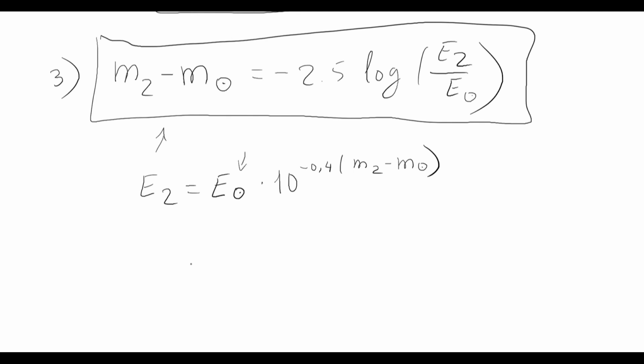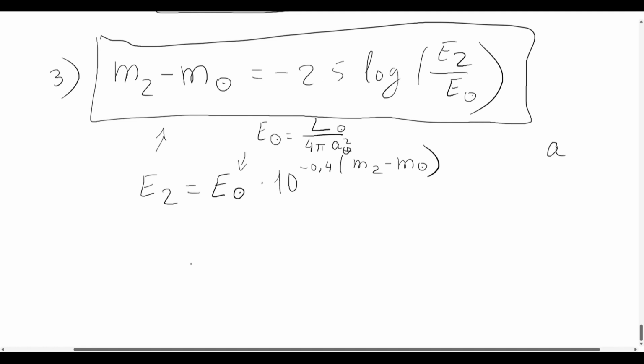Well, we do remember that E of the sun equals L of the sun, of course, over 4 pi A of the Earth squared. Great, and we know that A of the Earth equals 1 astronomical unit. Awesome. So here we can find that.